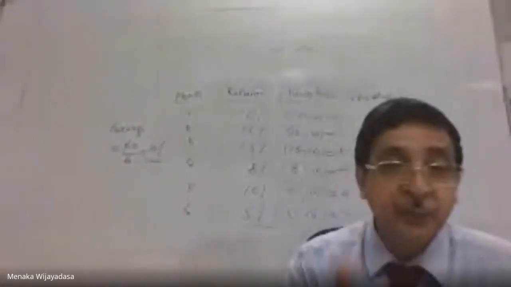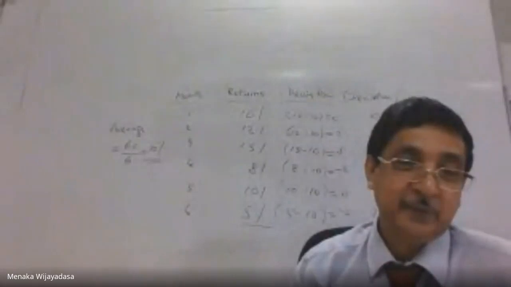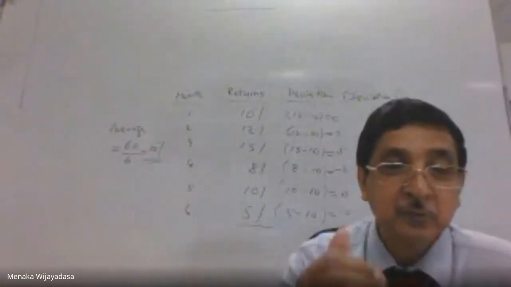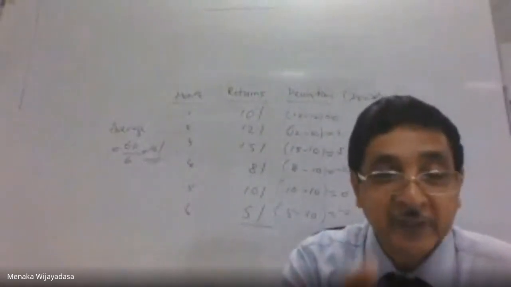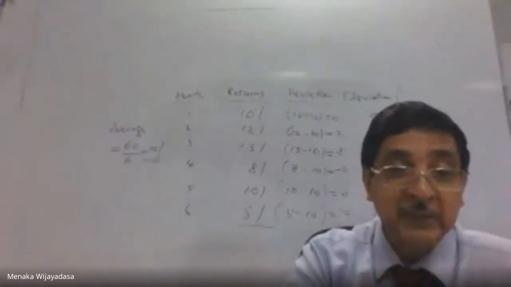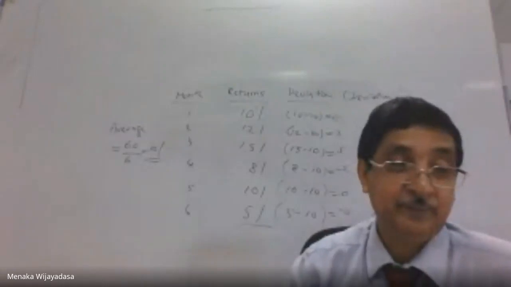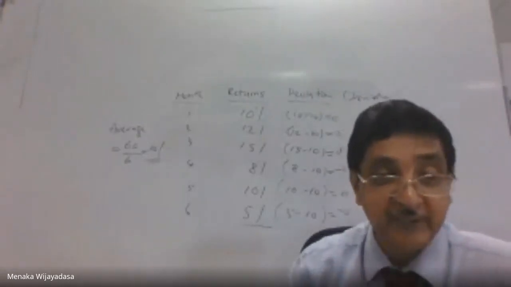Then what is the variance? 58 divided by 6 would be the variance for this. Now, what is the physical effect of that? The physical effect is, what is the variation from the mean? 58 divided by 6. That is what you call the variance, right?